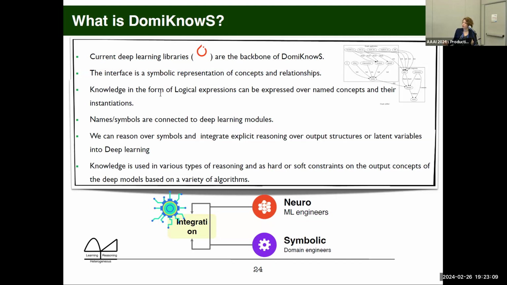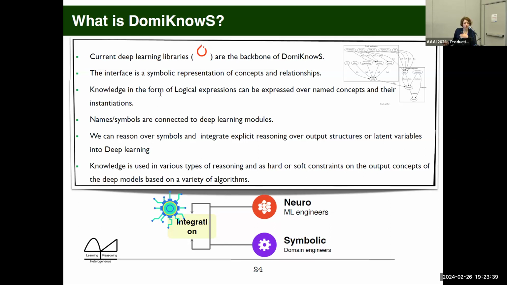It could be a language model or any designed feed-forward architecture or anything that can give you a probability distribution. And then we can reason over the symbols and integrate symbolic reasoning, because we have the power of representation here. The symbolic reasoning could be on the output variables or latent variables, and then we can integrate this into deep learning.